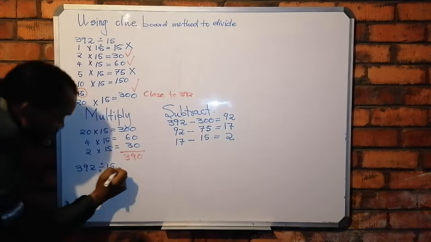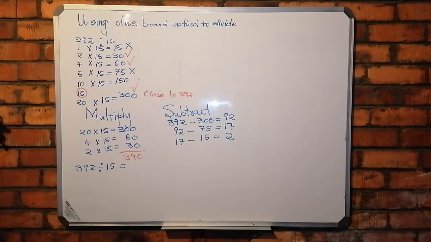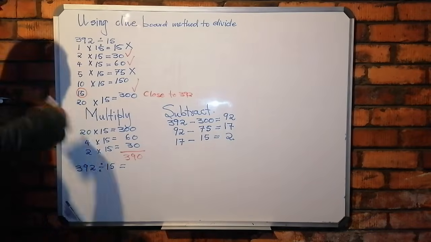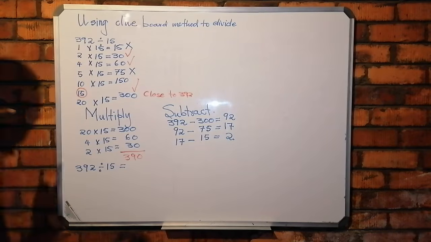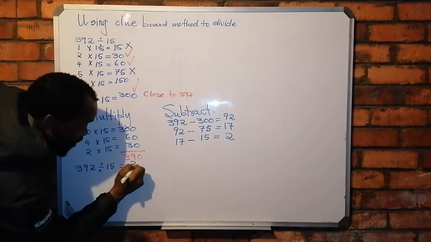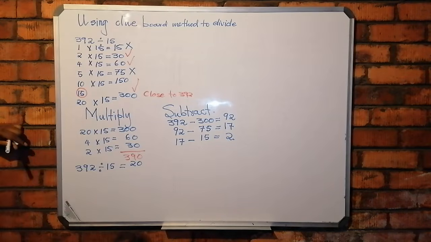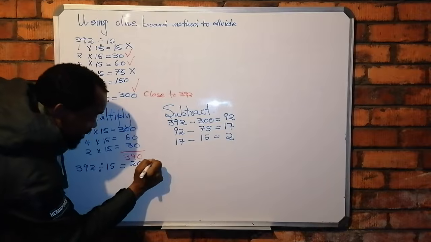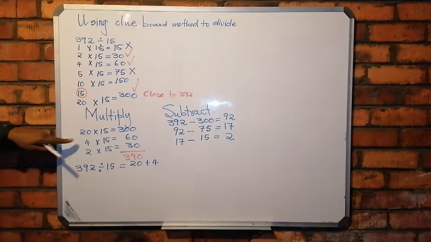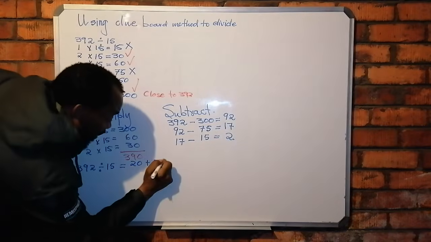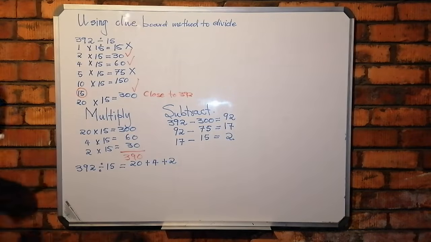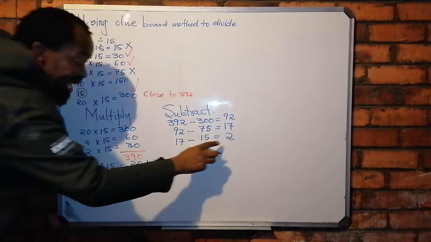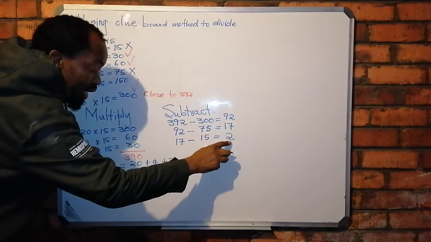Now, I will tell you that from everything that I have done, 392 divided by 15 will be 20 plus a 4 there plus a 2 with the remainder 2.